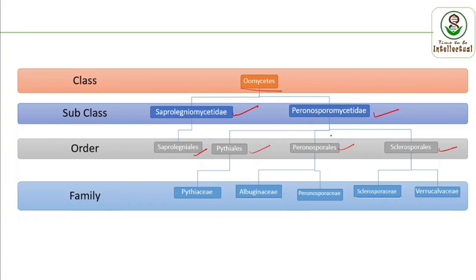How it is divided, I will explain while dealing with each order. Under Pythiales we see an important family, Pythiaceae, and under Peronosporales, what we initially called the Downy mildew order, there are Albuginaceae and Peronosporaceae. And Sclerosporales, which is divided under Peronosporomycetidae, has two important families: Sclerosporaceae and Verrucalvaceae. So let's try to remember each and everything one by one.